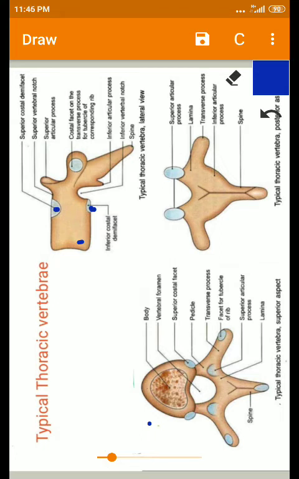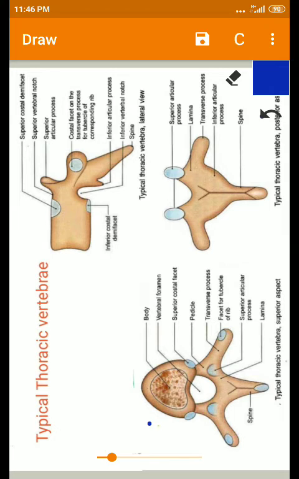In some vertebrae they possess only one facet, and in some thoracic vertebrae two facets are seen. These facets are also called demi-facets. Normally, these are located on the sides of the body.